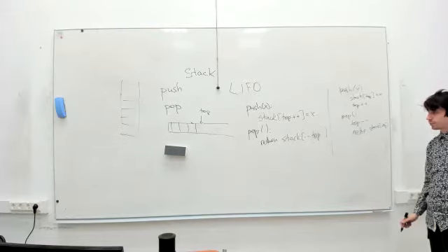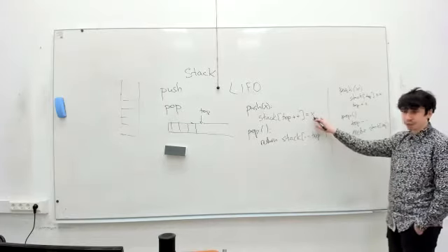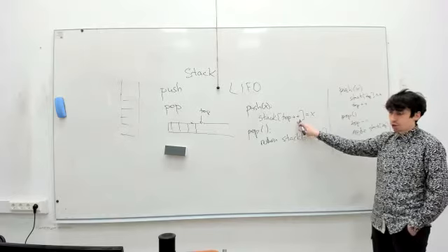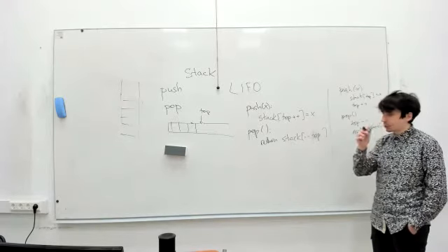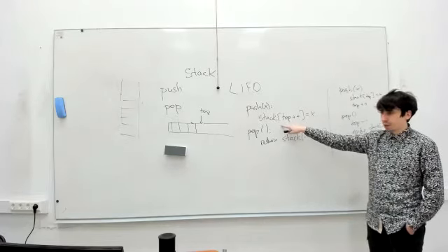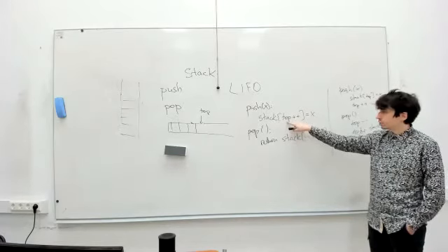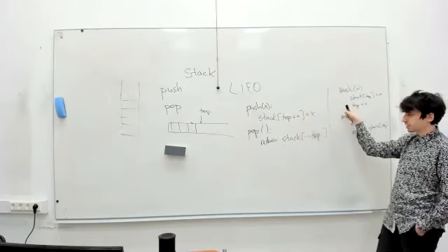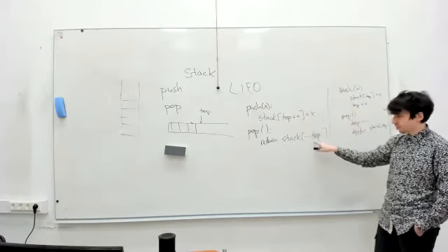Okay? So how to read this line? You just see here, top plus plus. It means that it will be incremented after. It first takes the value and then increments the value. Here it's vice versa, it's minus minus top.